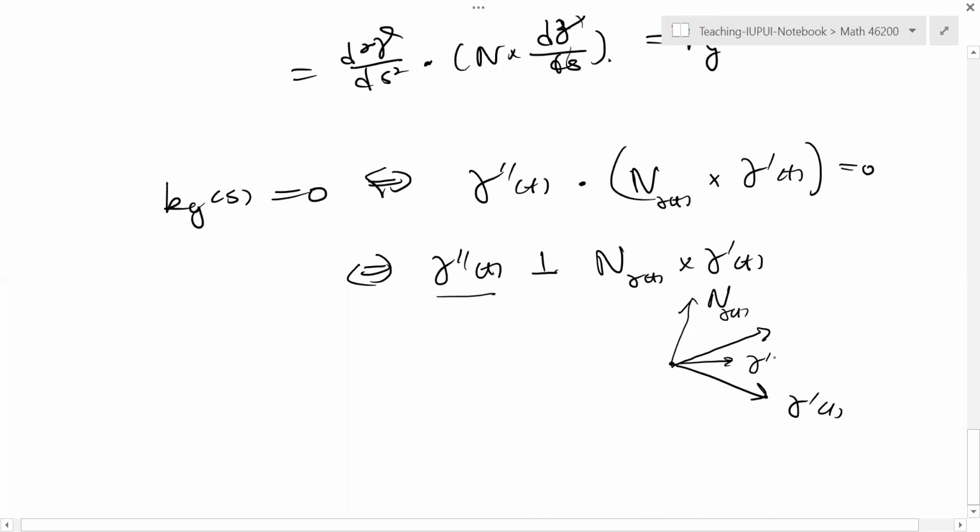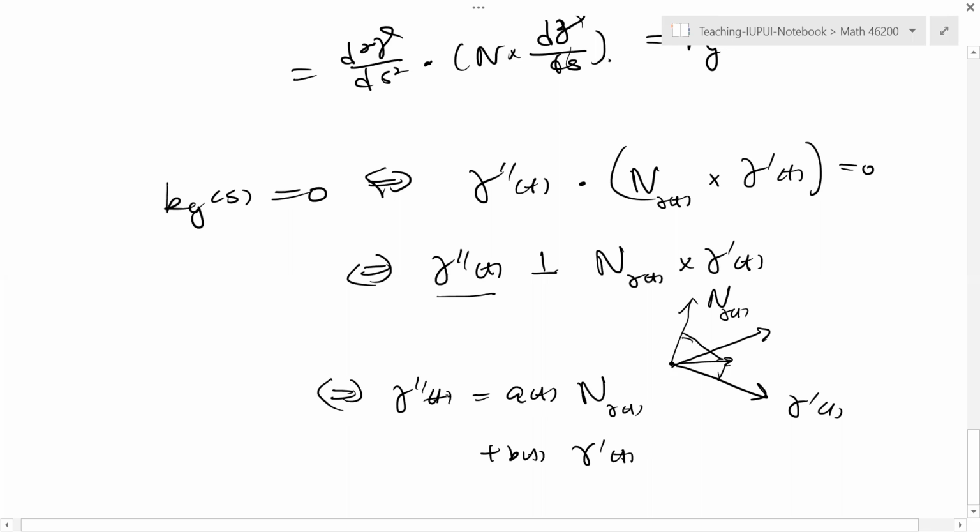This is gamma double prime, so it must be in the plane spanned by these two vectors. In other words, gamma double prime must be a linear combination of n and gamma prime t.